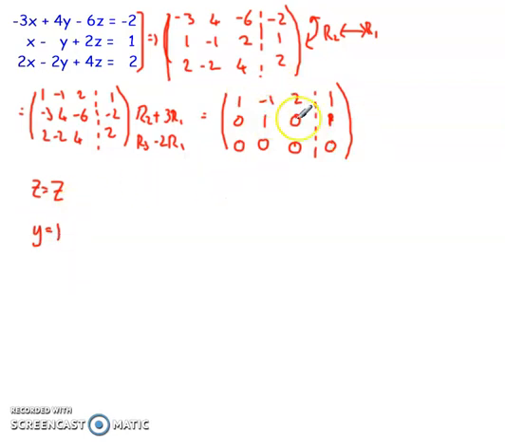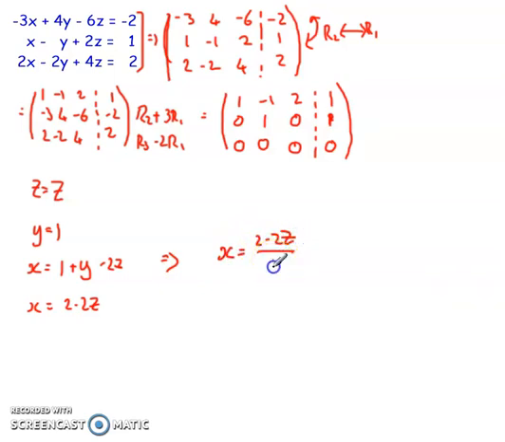And for x, that tells me that x is equal to 1 plus y minus 2z. So if y is equal to 1, that tells me that x is equal to 2 minus 2z.